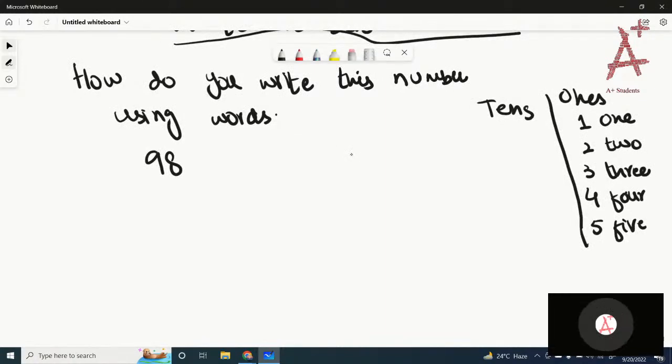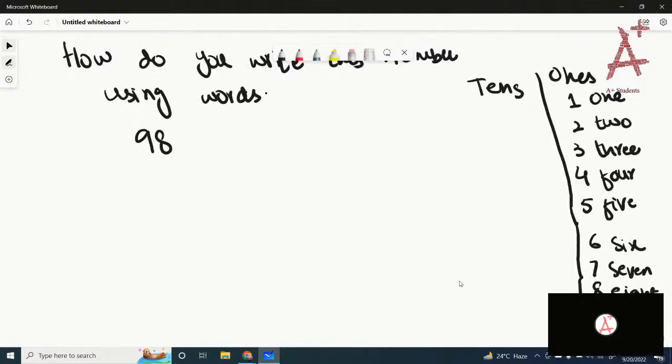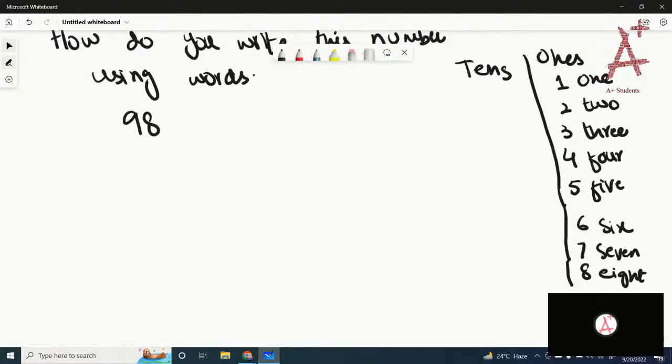Okay, then for 6, they are SIX. For 7, they are SEVEN. For 8, they are EIGHT. For 9, they are NINE. And for 10, they are TEN. Okay, then after the 10, you have 20.